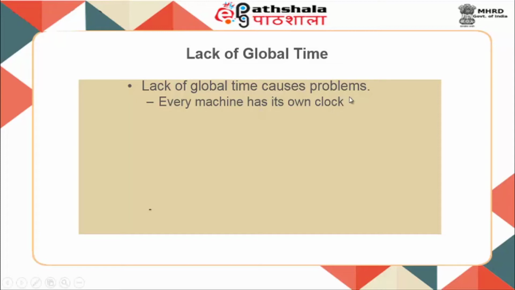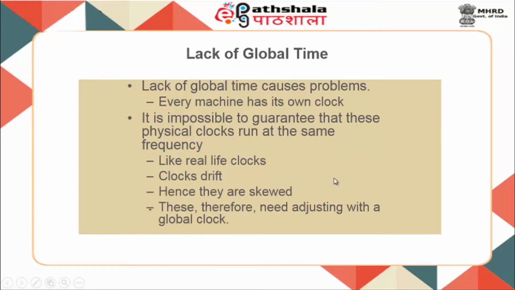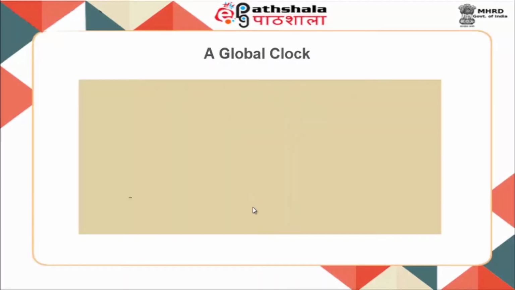Every machine has its own clock, and then it is impossible to guarantee that the clocks will run together, and therefore, just like real time, we have clock drift and skew, and hence we need to adjust with the global clock. So, finally, we arrive at this decision that we do need a global clock and we do need all the machines to be adjusting with that global clock, so that they are in sync with each other.